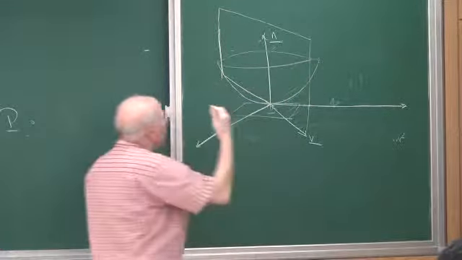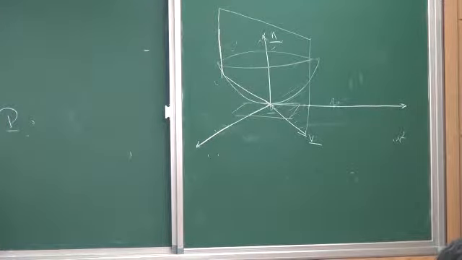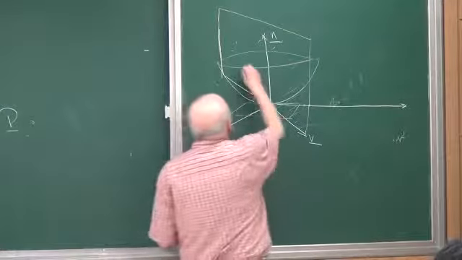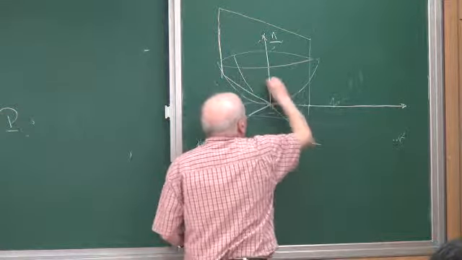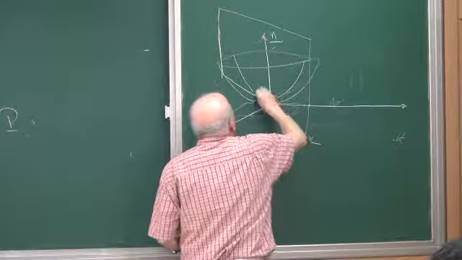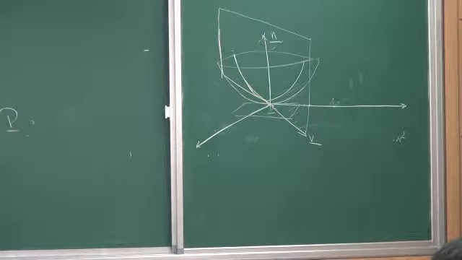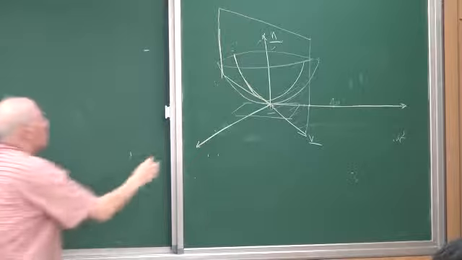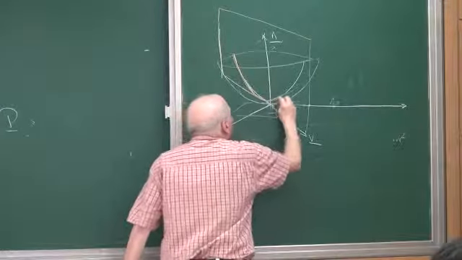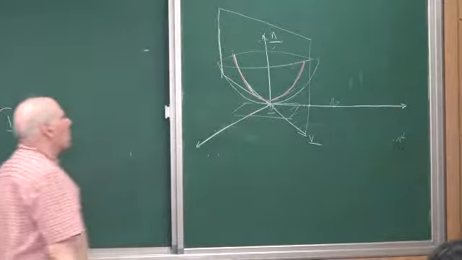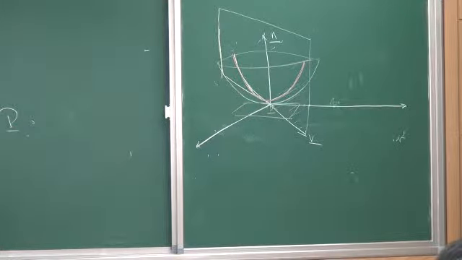The plane intersects the surface, and the intersection is here. I'll make it pink. And there it is. If I took a plane and cut here, I'd get a curve. So now I have the curve.